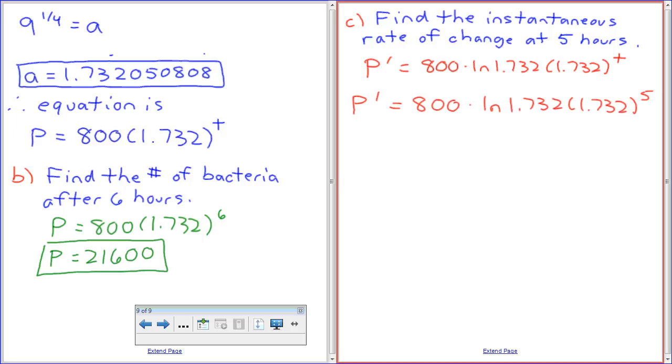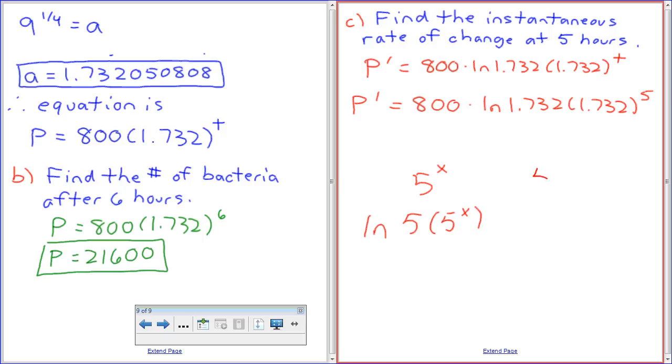Okay, this is a big number. Sorry, Tori, you have a question? I don't understand why the 1.732 was the one that got brought out. Okay, so imagine this is just the rule. Let's say I'm doing 5 to the x. That's an original function. That's just going to be ln 5 times 5 to the x.